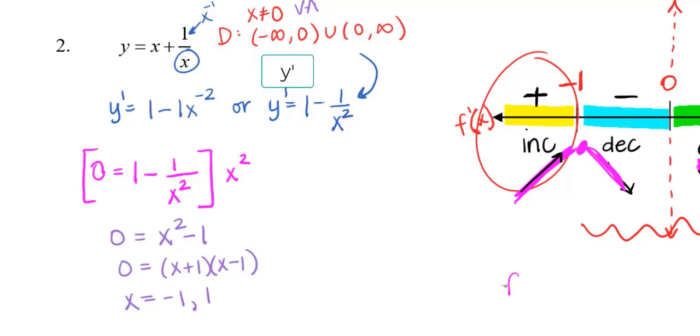Again, now we're talking about f of -1 and f of 1, so we're going back to the original function. Okay, so I have a relative max at the point (-1, -2), or a y value of -2, and I have a relative min at the point (1, 2), or a y value of 2.